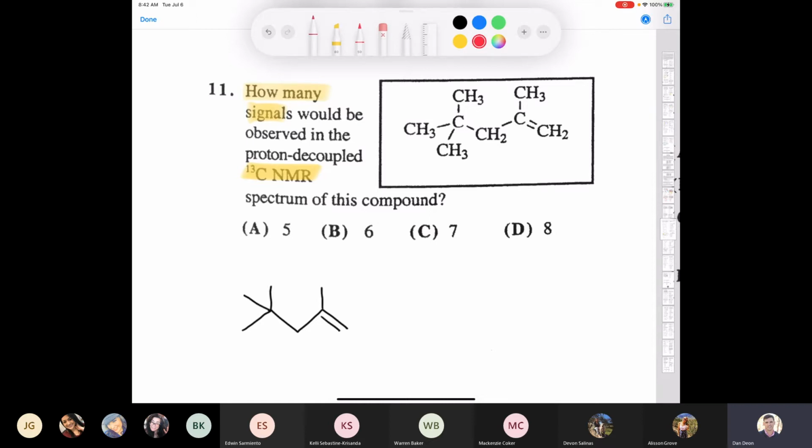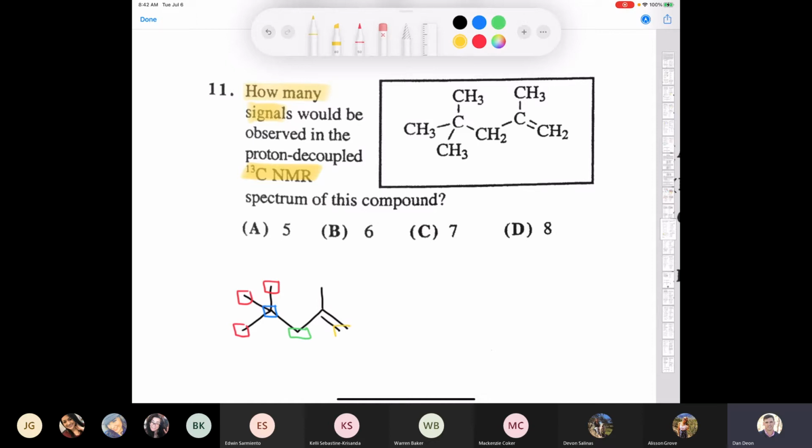I think that why students get this right is that you know there's free rotation around this carbon-carbon bond, right? So you know that these three carbons all give you the same signal, don't they? Whereas this is the only quaternary carbon in the whole molecule. This is the only methylene in the whole molecule that's sp3 hybridized, right?